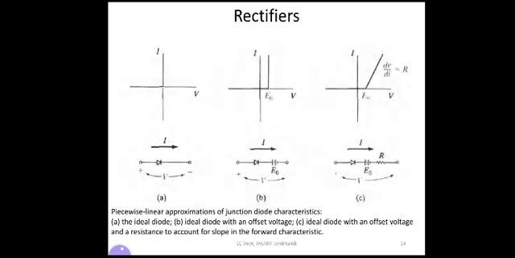What is E0? It's a battery voltage. So starting at E0, a straight line is drawn with a slope equal to the diode dynamic resistance. This is how the piecewise linear characteristics is constructed.